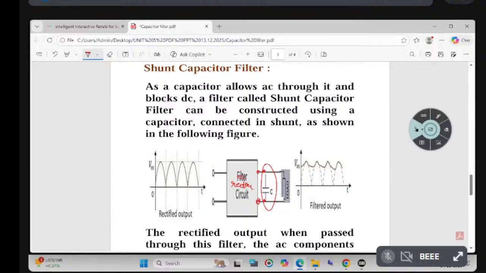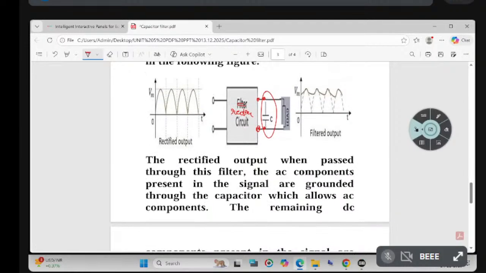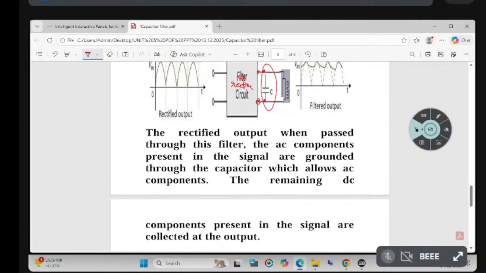This is called filter. So that filters are completed.